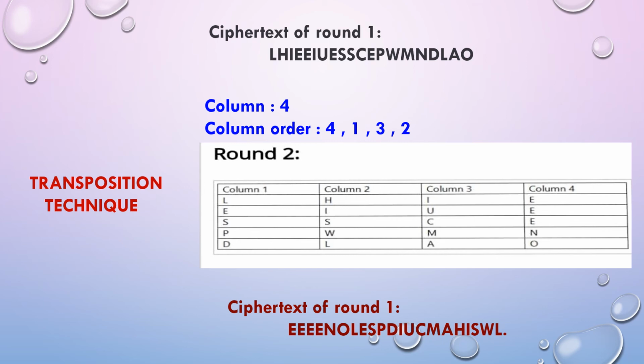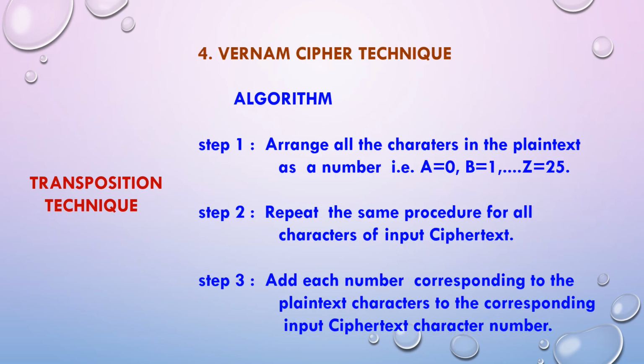Now, in the second iteration, the order of the columns will be 4, 1, 2. So we get the ciphertext. Then continue the same procedure if more iterations are required. Now we will see the fourth type of technique, that is the Vernam cipher.